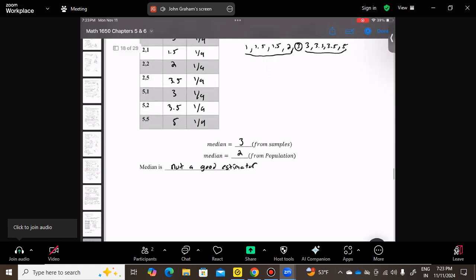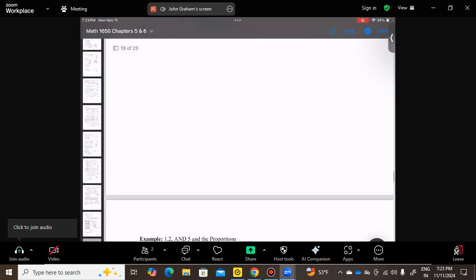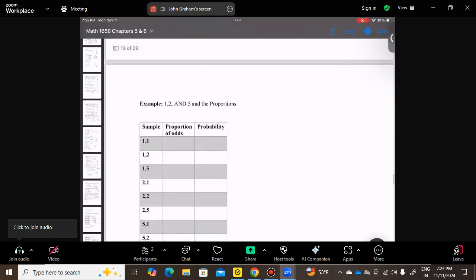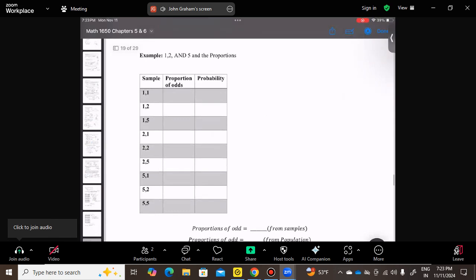But we'll do another one. We will look at proportions. Okay, so we'll look at proportions of odds. So for our population, we have 1, 2, and 5, and the proportion of odds is equal to 2/3. That's from the population.